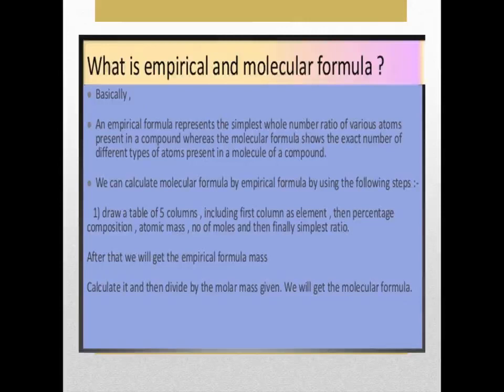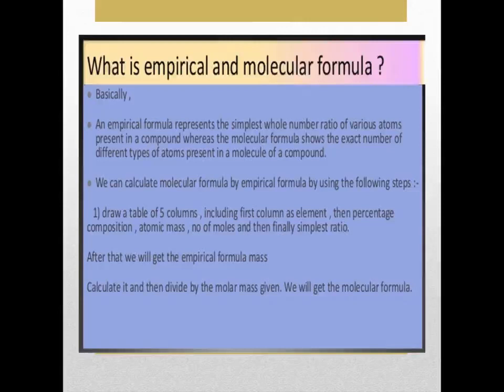Now, let us see what the empirical formula and molecular formula are. An empirical formula represents the simplest whole number ratio of the various atoms present in a compound, whereas the molecular formula shows the exact number of different types of atoms present in a compound.